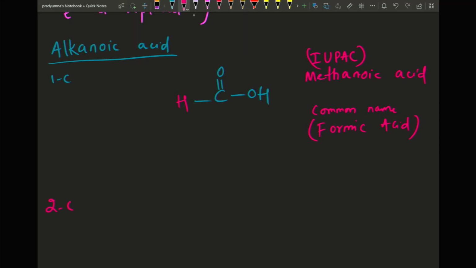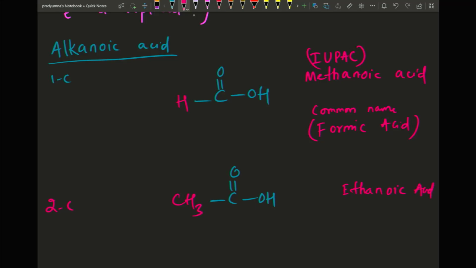So if we have two carbon atoms, I'm going to redraw this one, COOH, and on the left I'm going to add CH3. So this is a two carbon atom compound. Two carbon atoms is ethane. Then the E is replaced by oic acid.